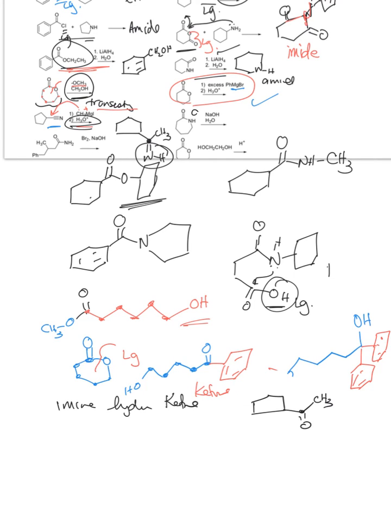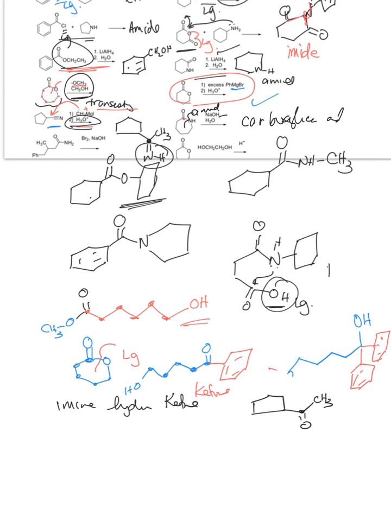Okay, so here we have an amide. We have a base. And base will hydrolyze amides to the carboxylic acids. So it will eventually leave, and so this is going to open up.